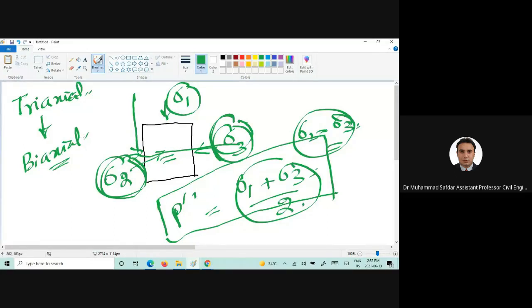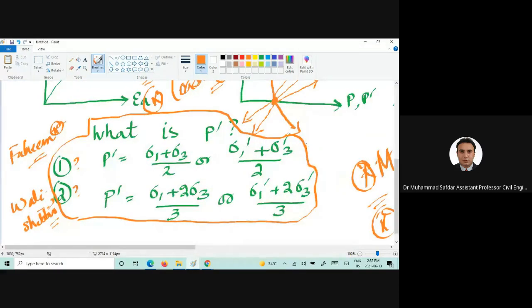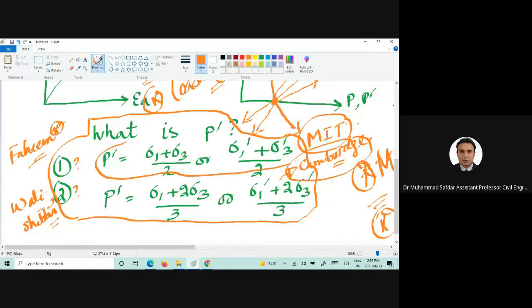Okay, so this is the MIT definition of the mean effective stress, and this is the Cambridge definition of the mean effective stress. And Lambe and Whitman performed and gave the concepts of the stress paths in geotechnical engineering.